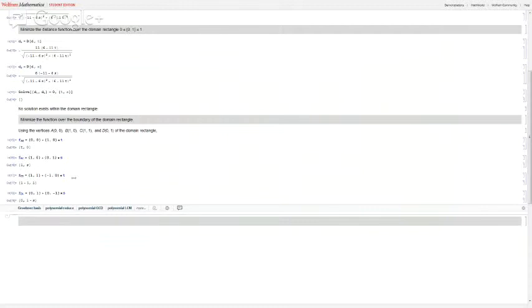So now what I need to do is minimize the function over each of these segments.